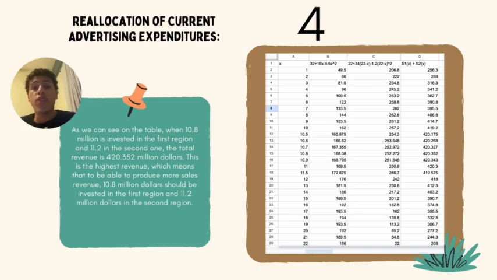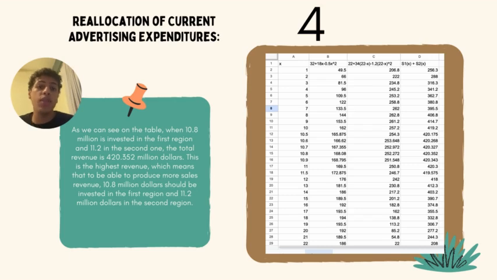So to find out how to reallocate the current advertising expenditures, I made a table that tells us how much revenue the company is going to get depending on how much is invested in each region. And we can see that when $10.8 million is invested in the first region and 11.2 is invested in the second one, the total revenue is $420.352 million, which is the highest on the table.